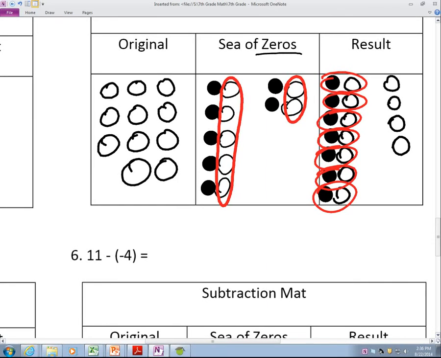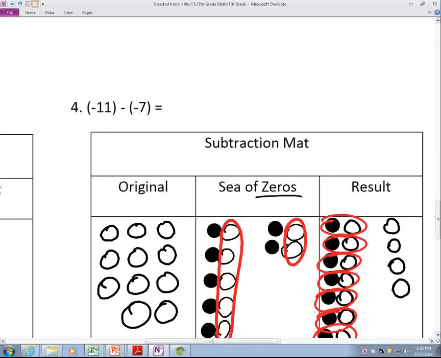Yep. 4. You are so close to being there. Yes. Negative 4. Because remember the negative was our white? Yeah. That's right. So we have negative 4 as our answer.